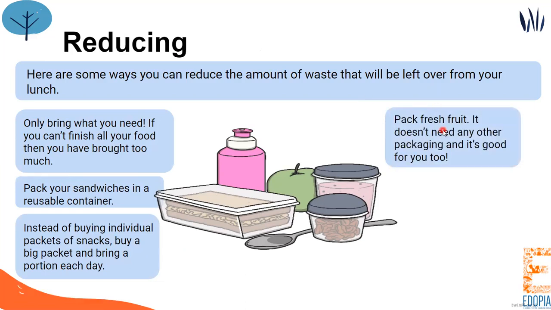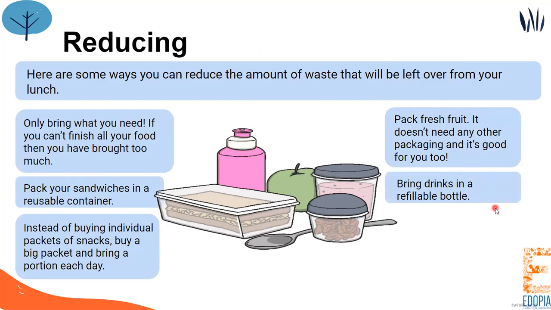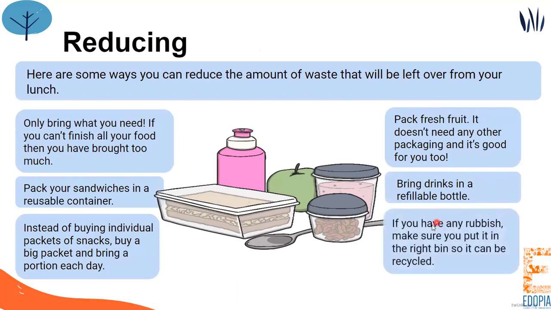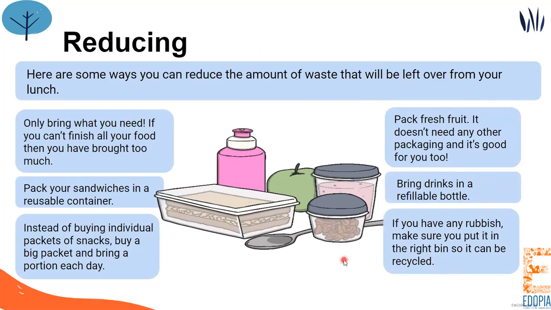You can eat fresh food because it is good for your health as well. And you can bring drinks in a refillable bottle like this, which you can use again and again so that you don't have to throw away the plastic juice boxes. And if you have any rubbish, make sure you put it in the right bin so it can be recycled. That is how we are reducing the amount of waste.